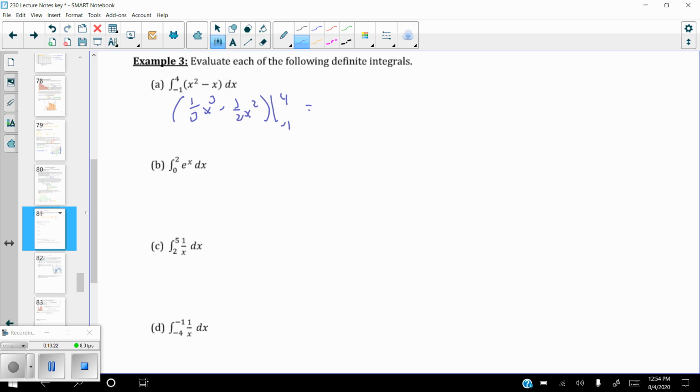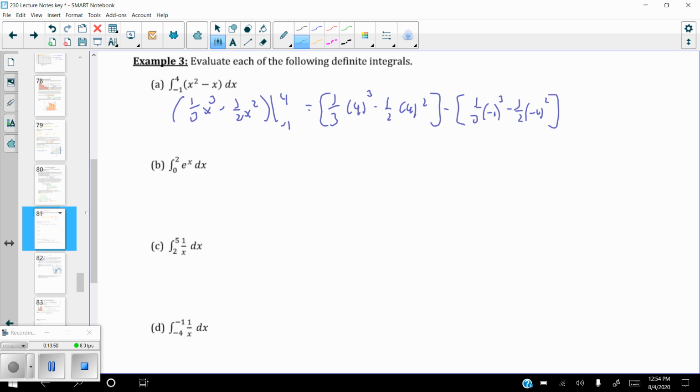So we're going to get 1/3 of 4 cubed minus 1/2 4 squared. Okay, that's the first piece. Minus 1/3 of -1 cubed minus 1/2 of -1 squared.